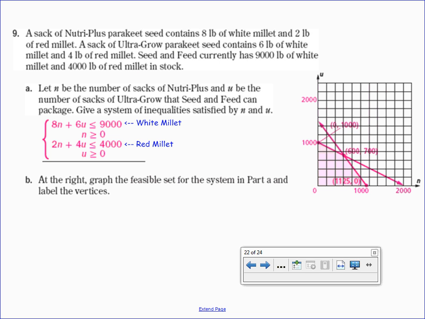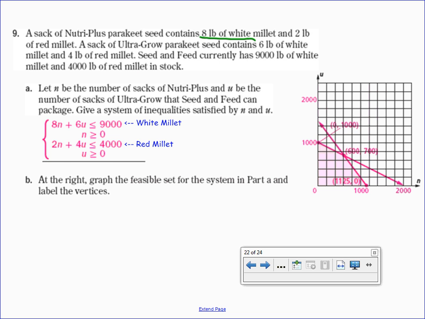So we get 2 inequalities for free. Make sure that we have N greater than or equal to 0 and U greater than or equal to 0, because we can't have a negative number of sacks, right? Next, let's consider the white millet contribution. For every sack of NutriPlus that we package, that uses 8 pounds of white.